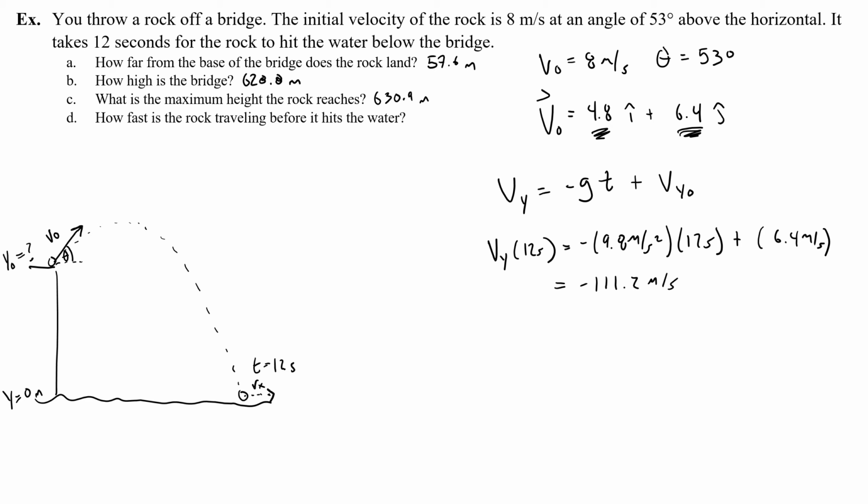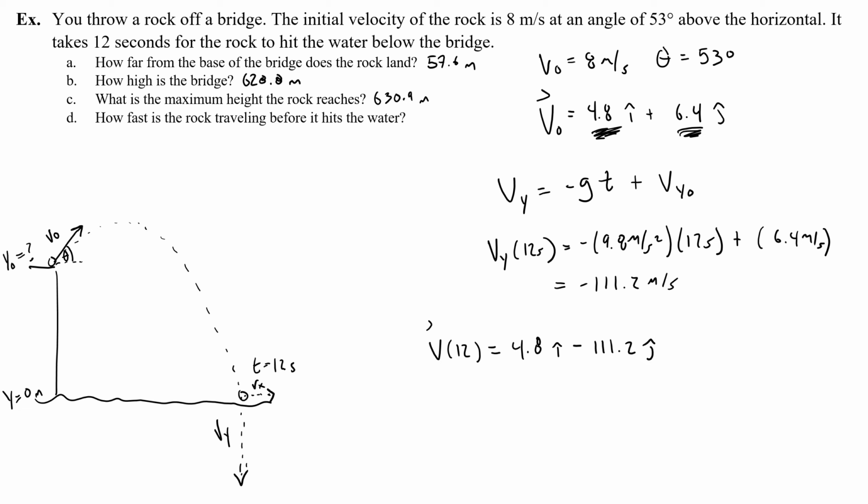Okay, so that's the y component at 12 seconds. If I wanted to write this in vector notation, maybe that would be helpful. I'd write v12 equals, so again, the x component doesn't change, so 4.8i minus 111.2j.